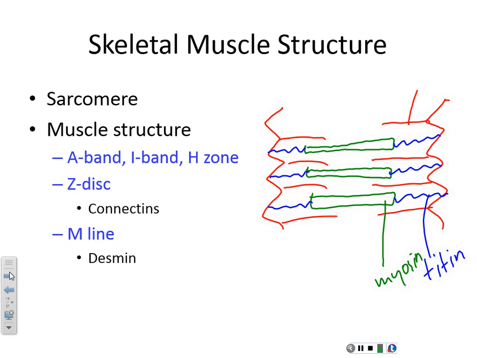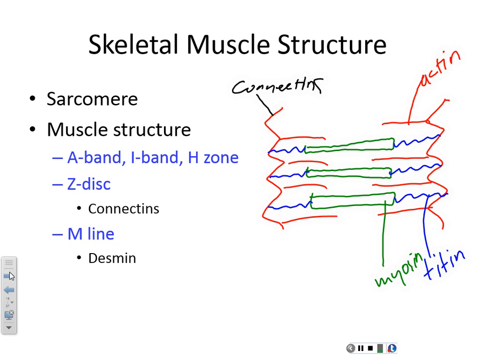And the red one is actin. Those are the thin filaments, right? And right here at the Z line, at the Z disc, what protein do we have? Connectins, right? Those kind of disc-shaped proteins.